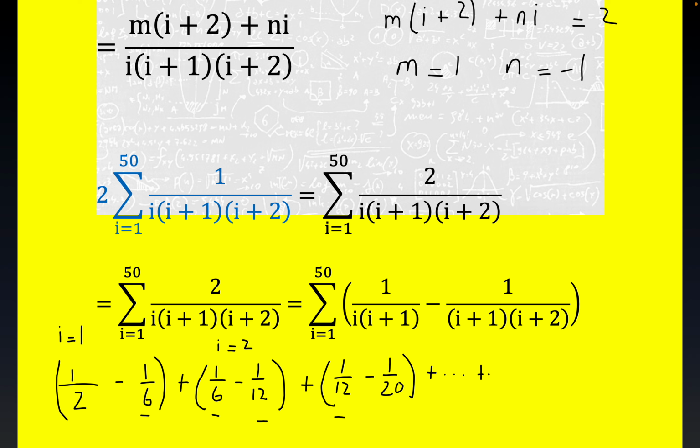Then our very last term for i equals 50 is 1 times 1 over 50 times 51. And no need to even write down what that number is because it's easy to calculate, but we know that there would be a term before it right here that would cancel it, right?